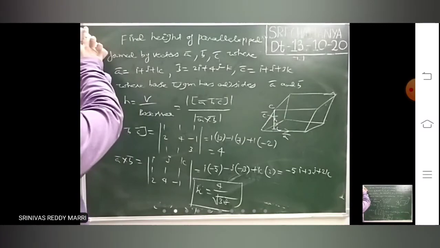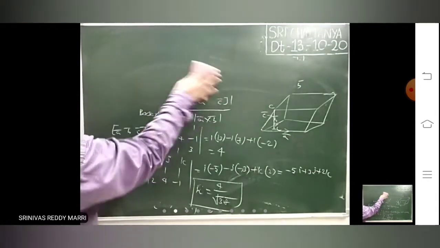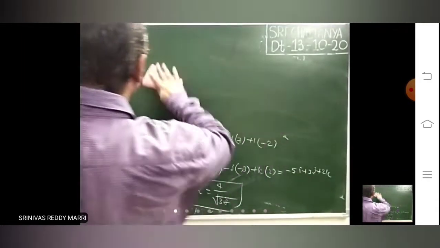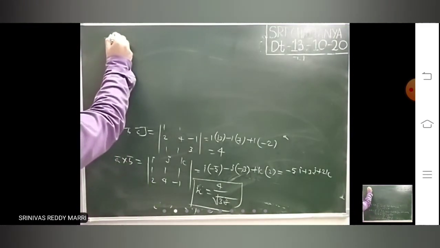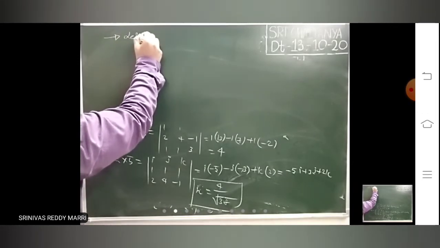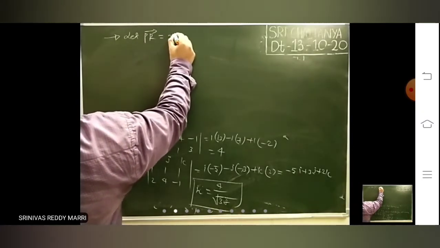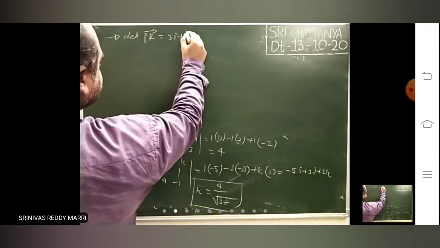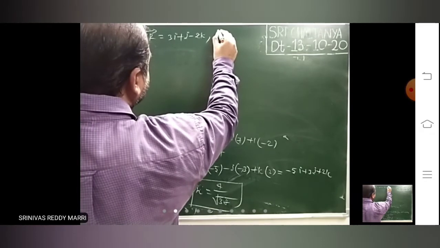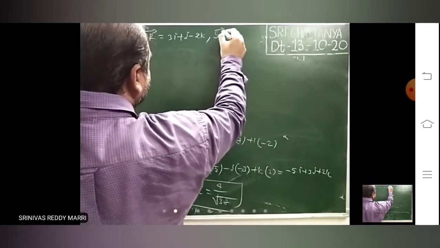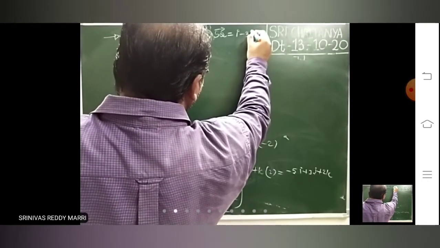Look at the next problem. Let PR bar equal 3I plus J minus 2K, and SQ bar equal I minus 3J minus 4K.